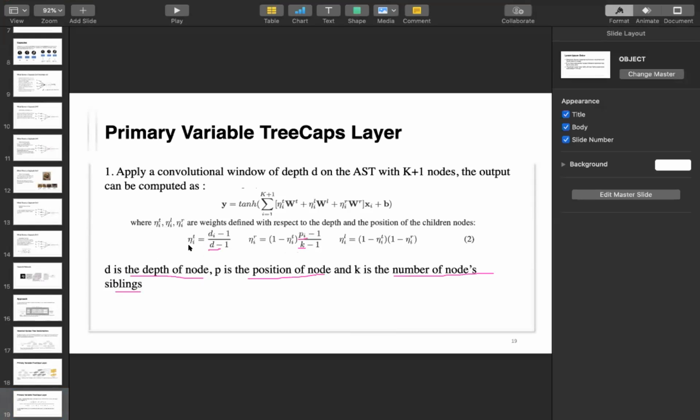Based on these formulas, we calculate eta_T, eta_R, and eta_L, and then substitute them into the overall formula to get the output Y. And what does eta_TLR mean? The eta_TLR is supposed to be the depth, position, and number of siblings.